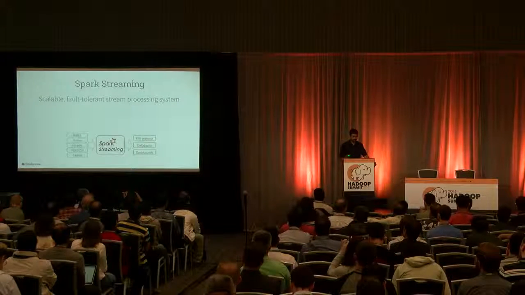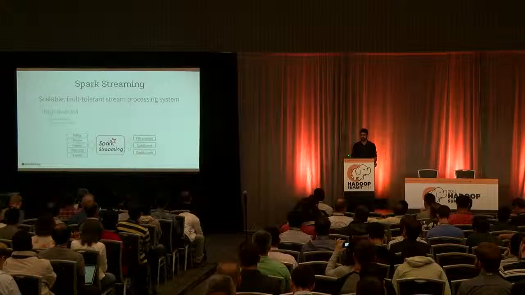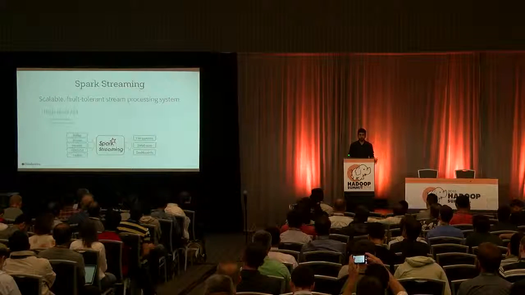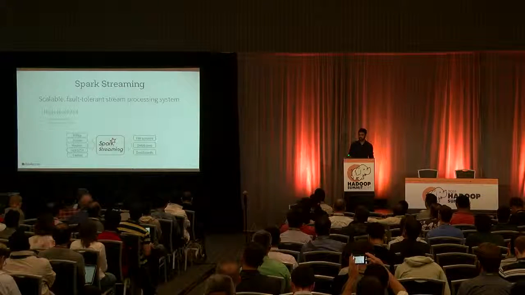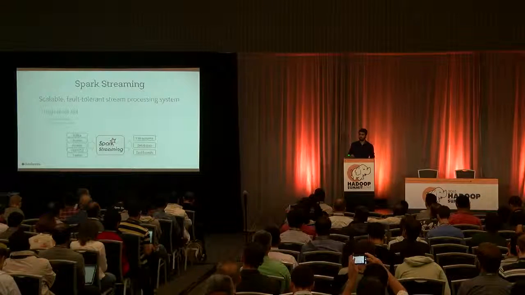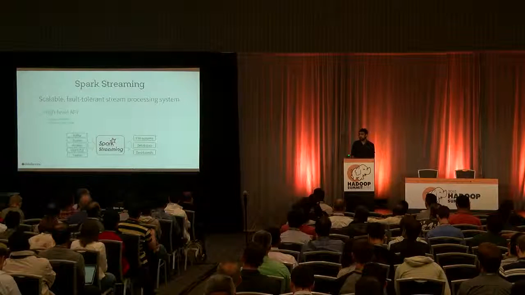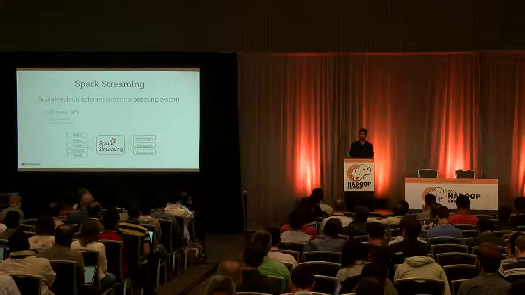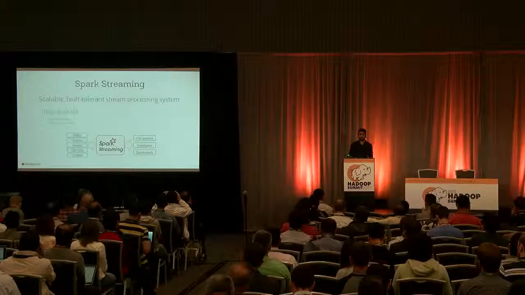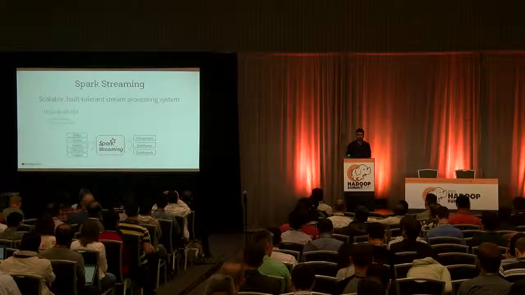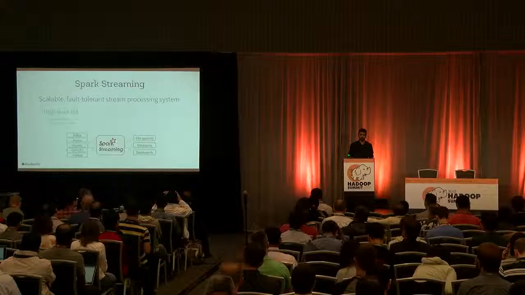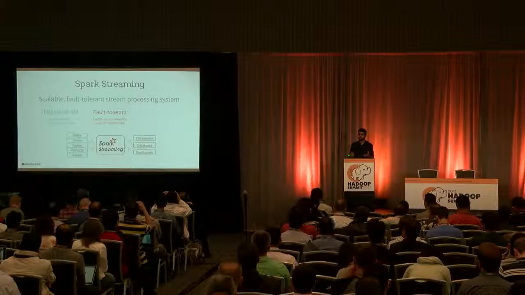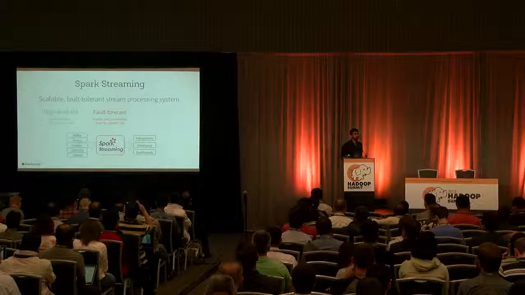And what sets it apart from other systems is, one, it provides a high-level API, which includes joins and windows, all out of the box, and it translates to 5 to 10 times less code than you would have to write with many other competing stream processing systems. Second, it is fault tolerant, so you get exactly-once semantics even for stateful operations.